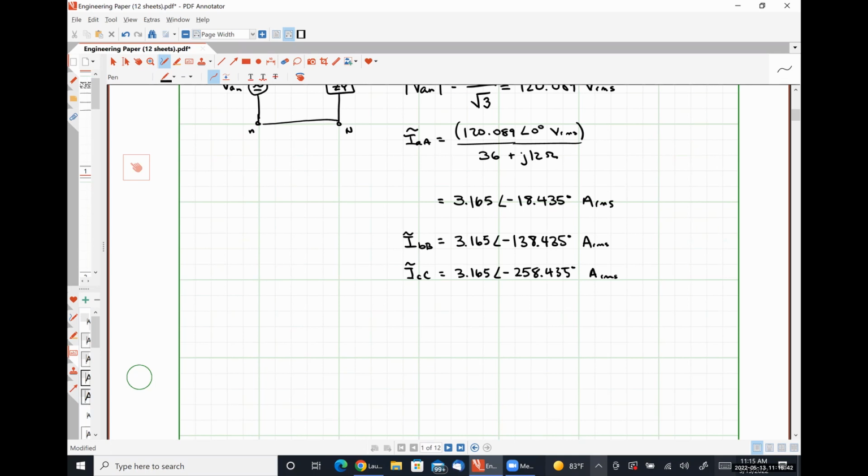Now, the angle for ICC is more negative than negative 180 degrees. So we could call this effectively positive, whatever 360 minus this is, and it would be the exact same result. I don't have any particular preference as to the way that you choose to express them.